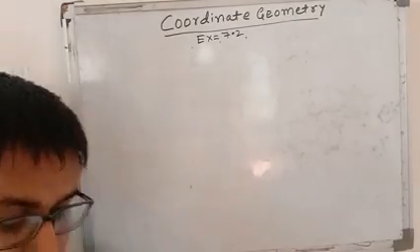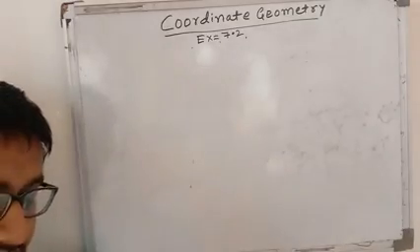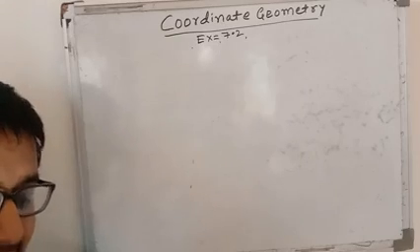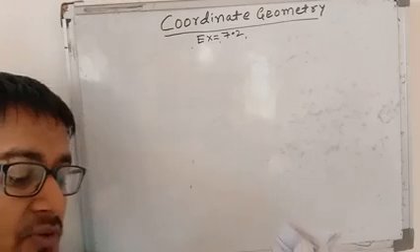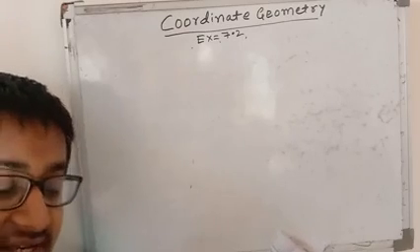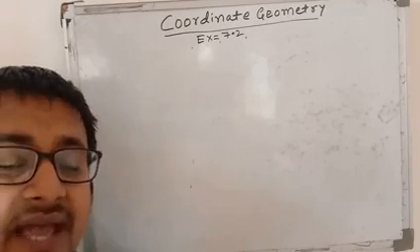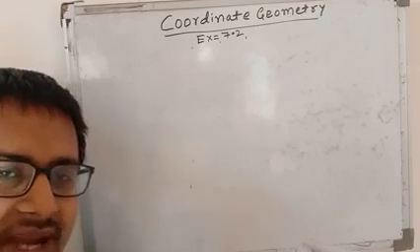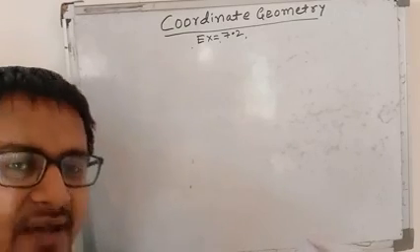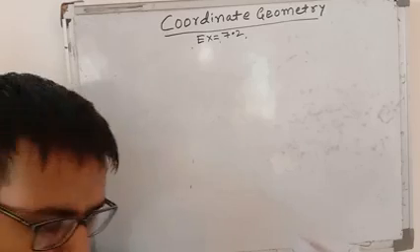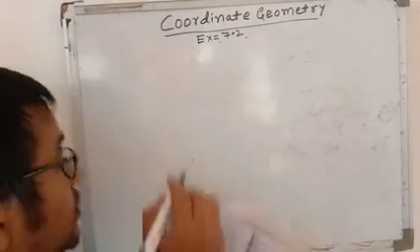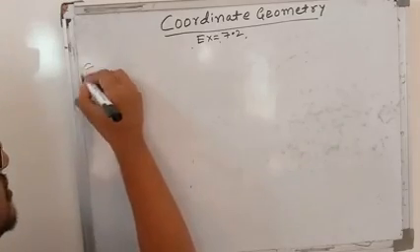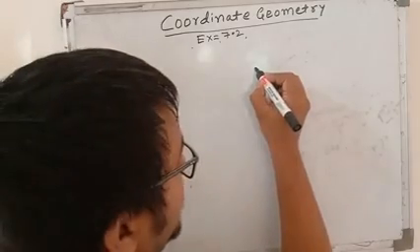Find the ratio in which the line segment joining A (1, -5) and B (-4, 5) is divided by the x-axis. I told you that a point on the x-axis is always (x, 0). Also find the coordinates of the point of division. For this question I am drawing a simple figure.